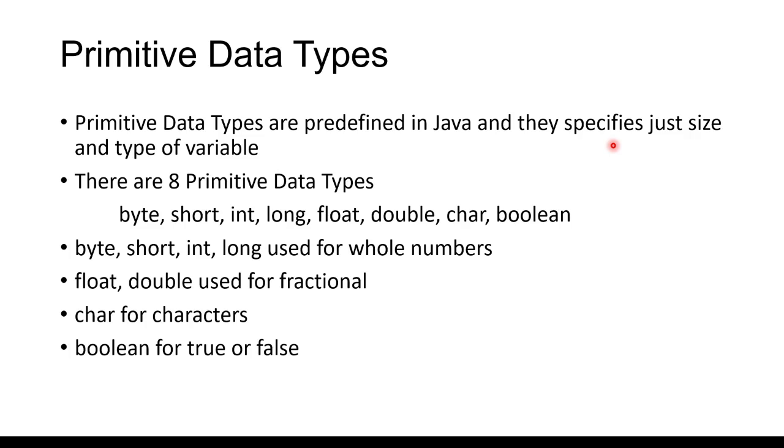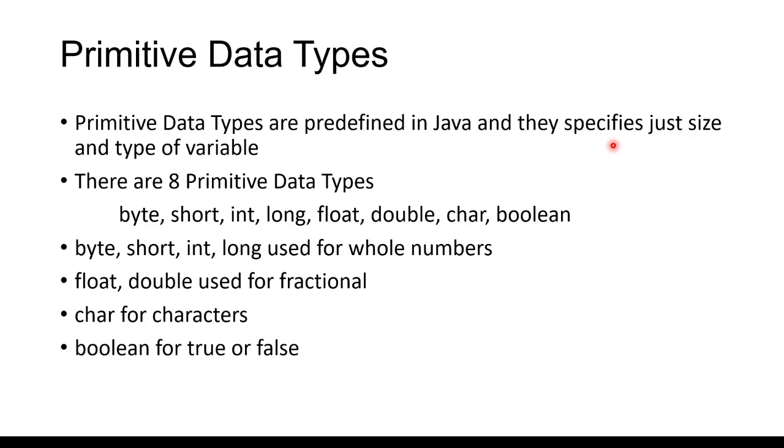These primitive data types are stored in the stack memory. In Java we have heap memory and stack memory. Whenever we create a new variable of a primitive data type and give it some value, that value is stored in the stack memory.